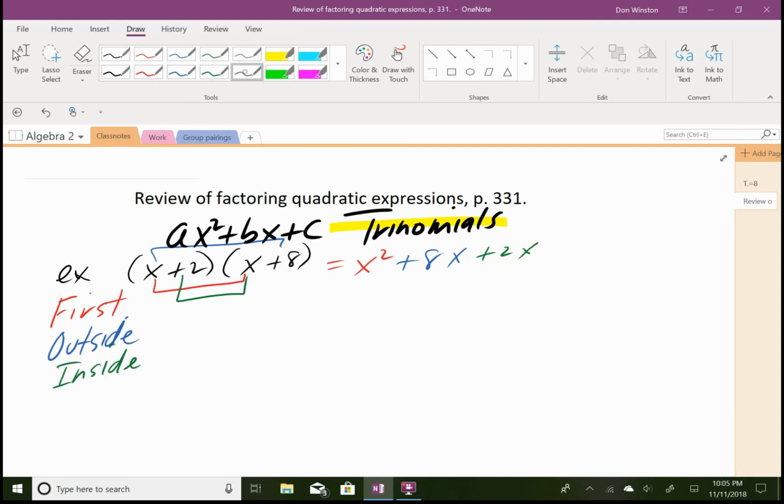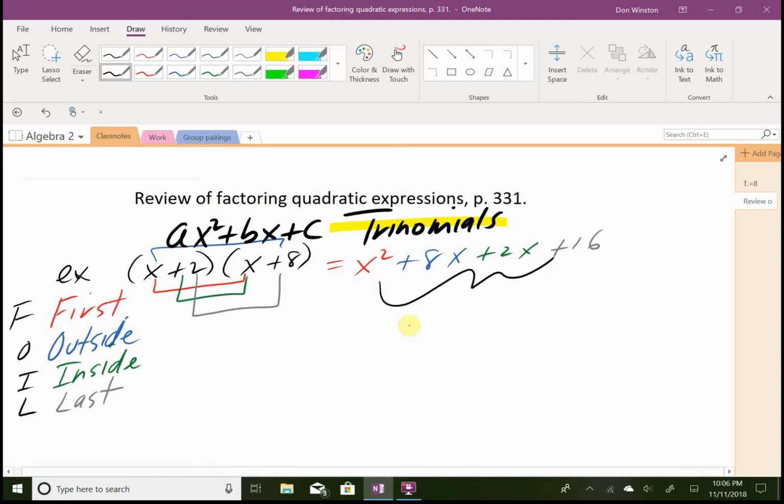And then finally the last terms. So that will be 2 times 8. That will give me 16. So again, FOIL. F-O-I-L. Okay, and so we combine our like terms, and we get x squared plus 10x plus 16.